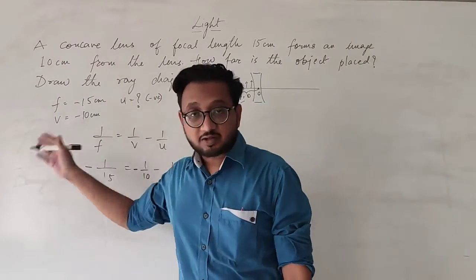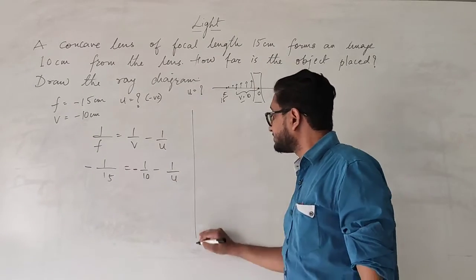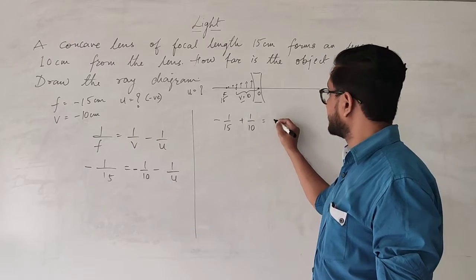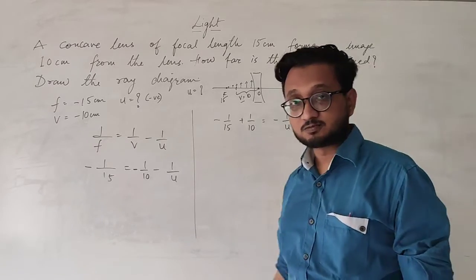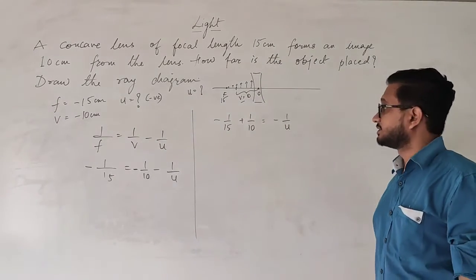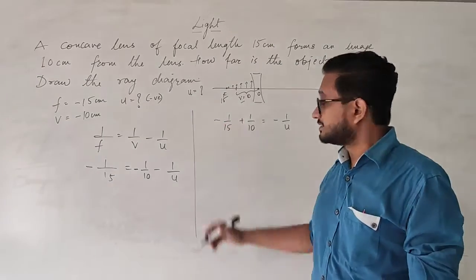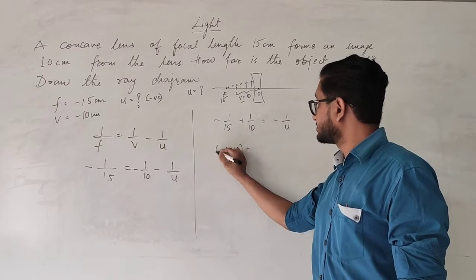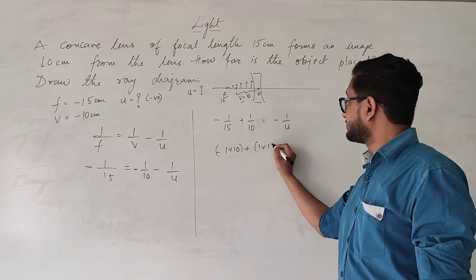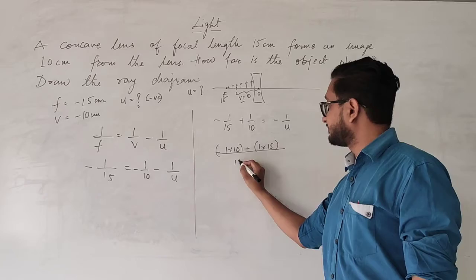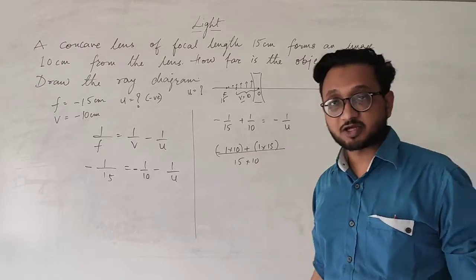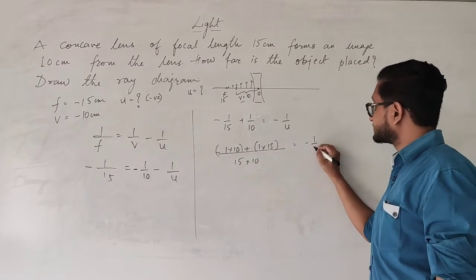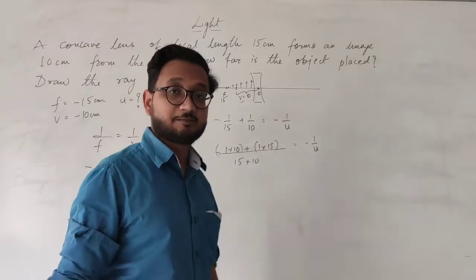Take minus 1 upon 10 on the other side of the equation, so it will become minus 1 upon 15 plus 1 upon 10 equals minus 1 upon u. Cross multiply: it becomes minus 1 into 10 plus 1 into 15 upon 15 into 10. This is a short way of taking the LCM. If the numbers are quite simple, you can do it this way and find the answer easily.